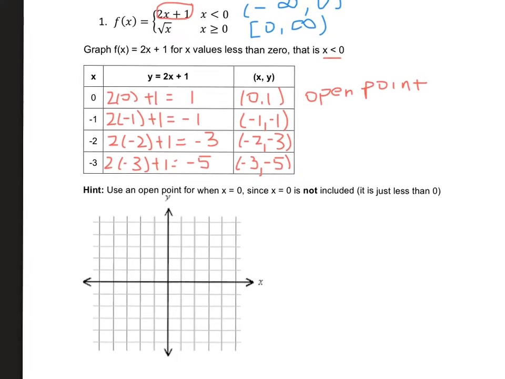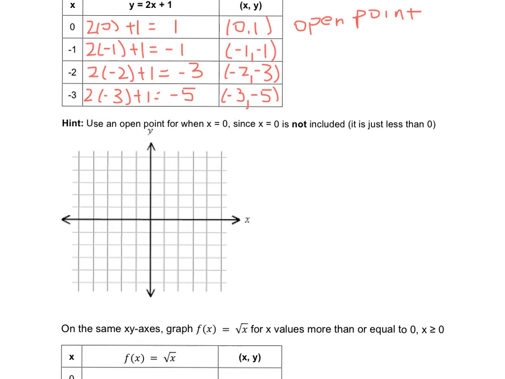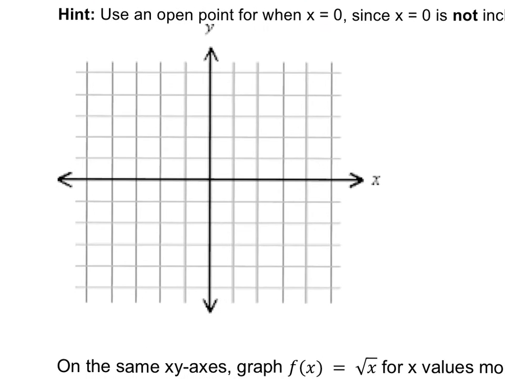So we can plot those. Remember that we're going to have an open point at (0, 1), and we can have closed points at all of the other places: (negative 1, negative 1), (negative 2, negative 3), and (negative 3, negative 5).